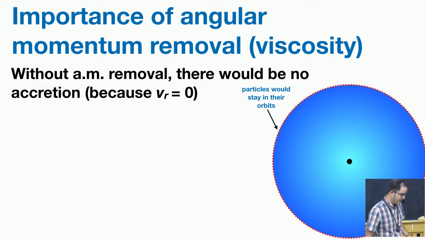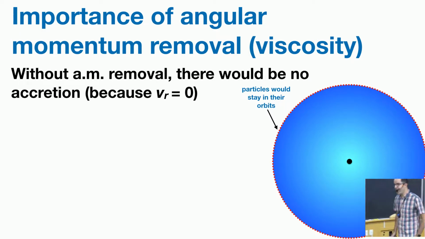Simple reason, okay: without angular momentum removal, imagine you have your central object here, and you have a particle in a circular orbit far away, tracing out the dashed red line, okay?